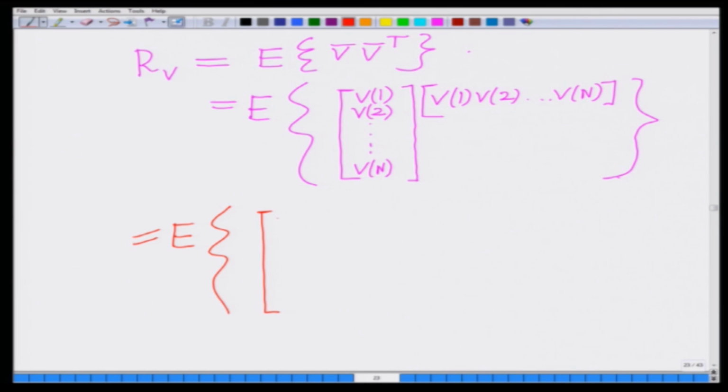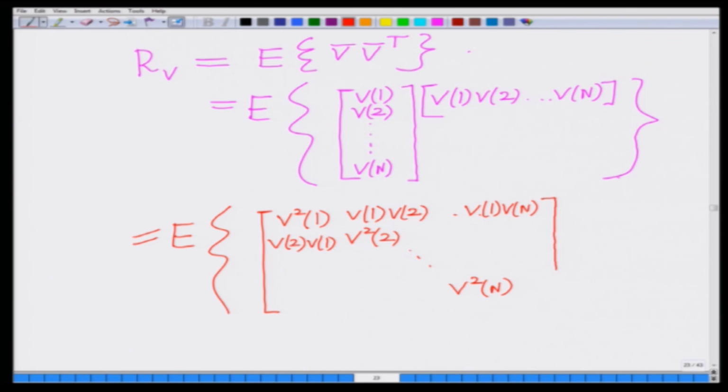If you look at the entries, on the diagonal you have the squares of the various elements, V1 square, V2 square, so on up to V square n. The off diagonal entries are the cross products, for instance V2 V1, V1 V2, so on up to V1 Vn. This product here will be Vn V1 and so on.